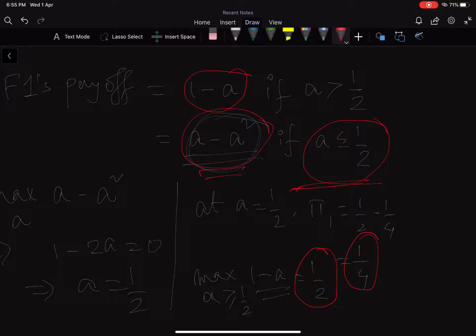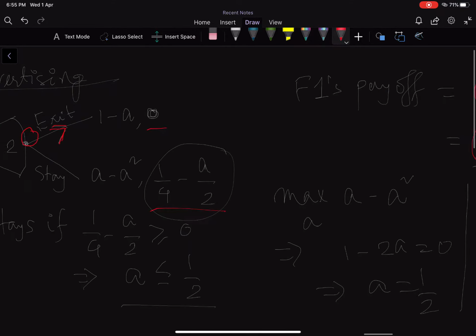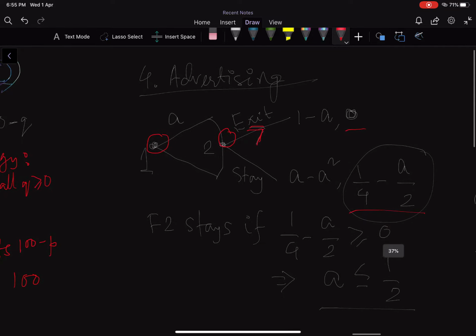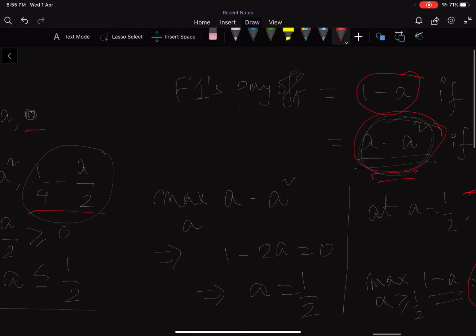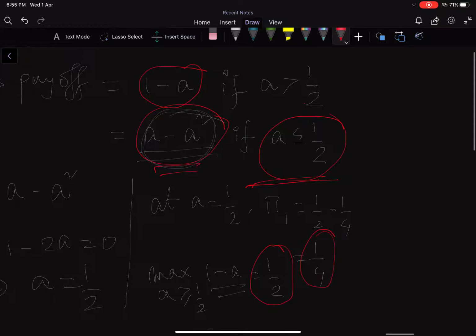Again, notice that here I am assuming that player 2 chooses exit when player 2 is indifferent between exiting and staying in. Because if player 2 chooses to stay at A equal to half, the problem is that at A equal to half, firm 1's payoff is 1/4, but for A slightly bigger than half, the payoff jumps to 1 minus A, which is close to half, rather than a quarter.